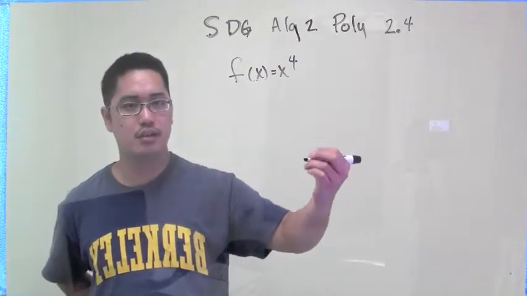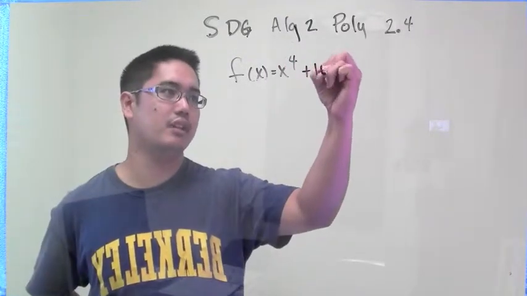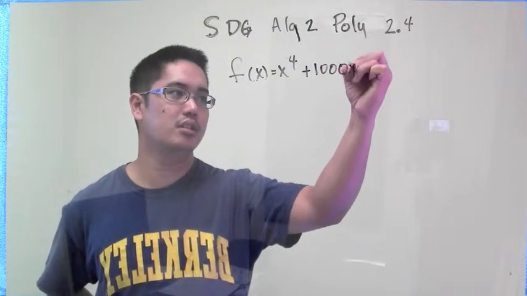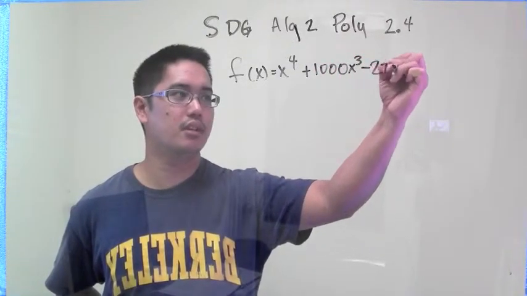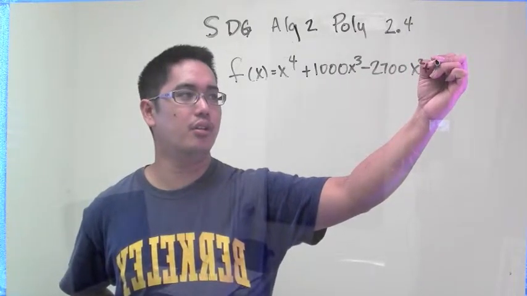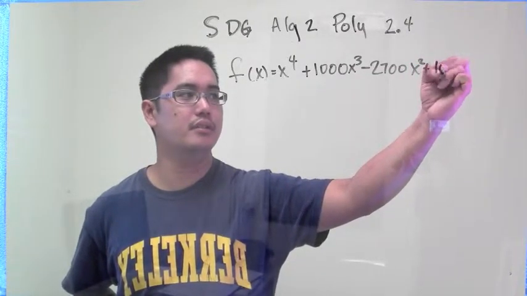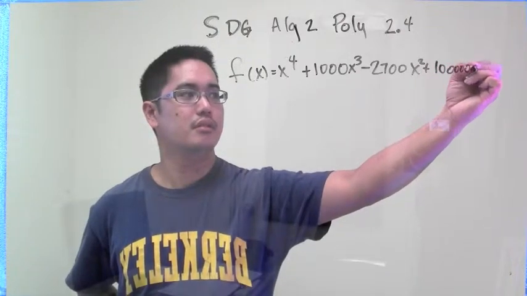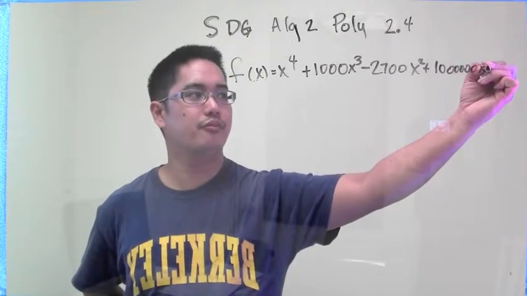Because, like I said, I could have x to the 4th power plus 1000x cubed minus 2700x squared plus, I don't know, a million x minus 4.